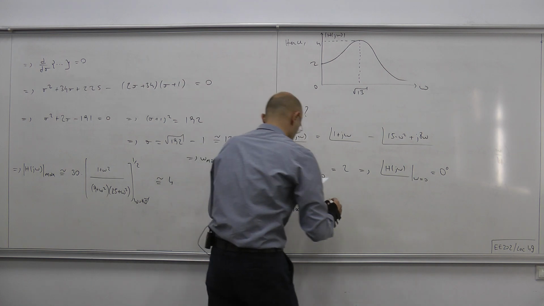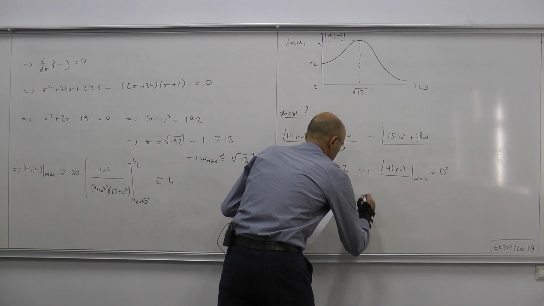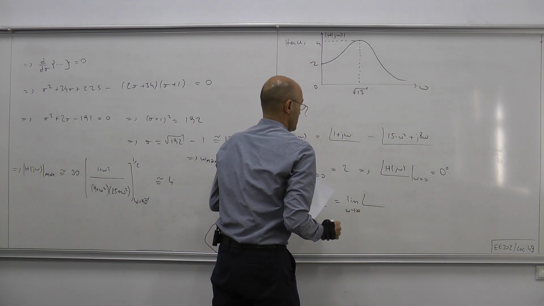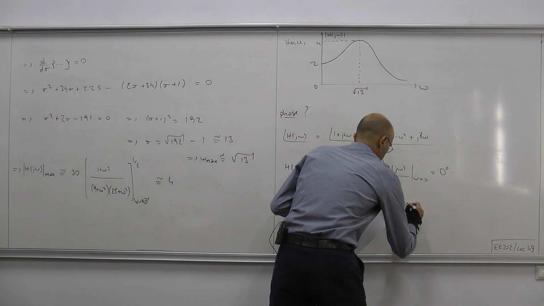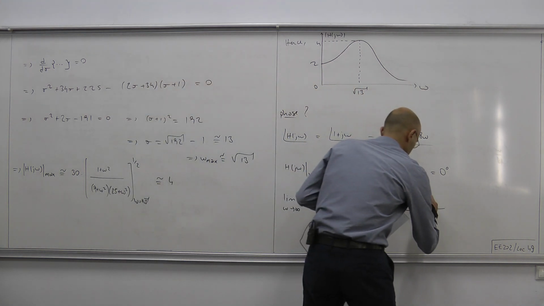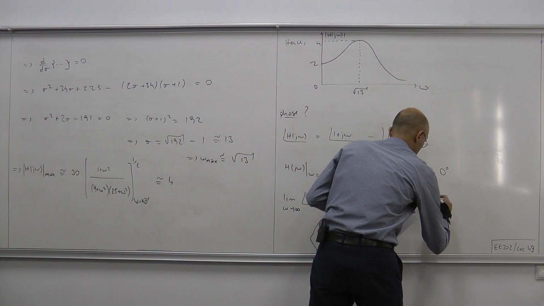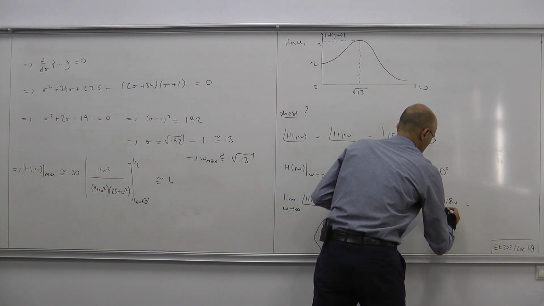The phase of H(jω) equals the limit as ω goes to infinity of the phase of the numerator, which is 1 plus jω, minus the phase of the denominator, which is 15 minus ω² plus j8ω.